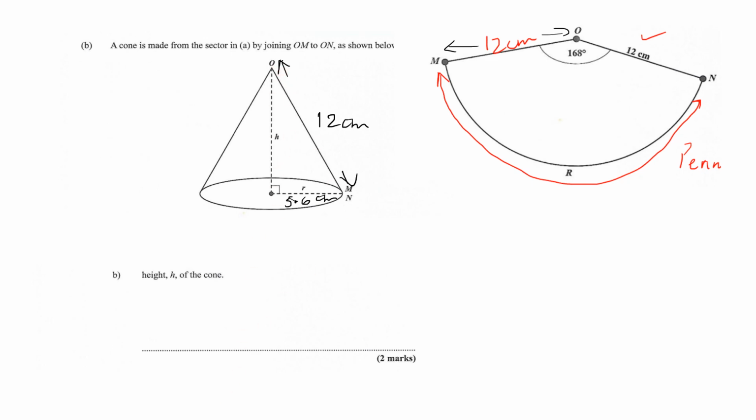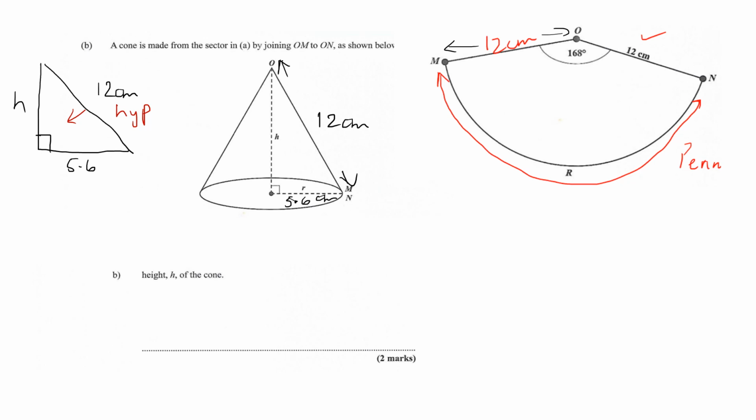We want to find the height, so we use Pythagoras' theorem. We know here is 12, here is 5.6, and we want to find this side. We label first: this is our hypotenuse because it's opposite the right angle, and the other two sides are the short sides.